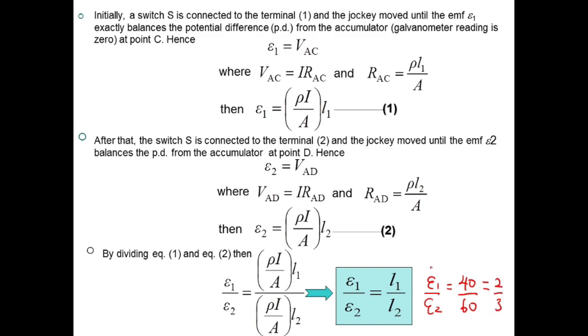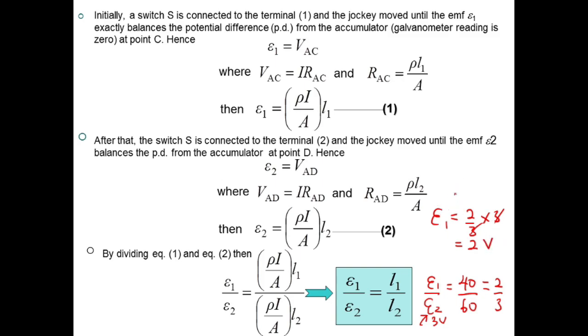This is just to compare two different EMFs. But if you already know the value of EMF 2, let's say 3 volt, then you can find the value of EMF 1: 2/3 multiplied by 3 volt. So this is just a matter of ratio.